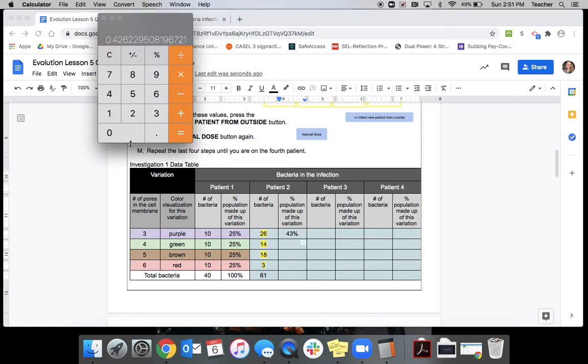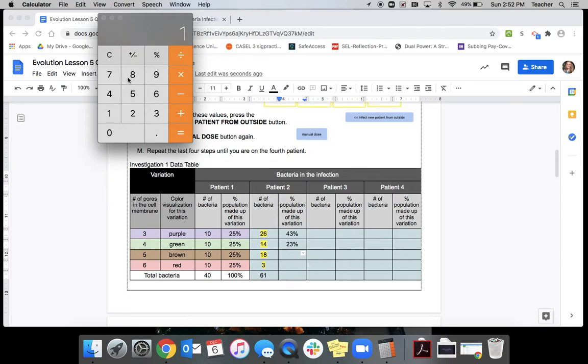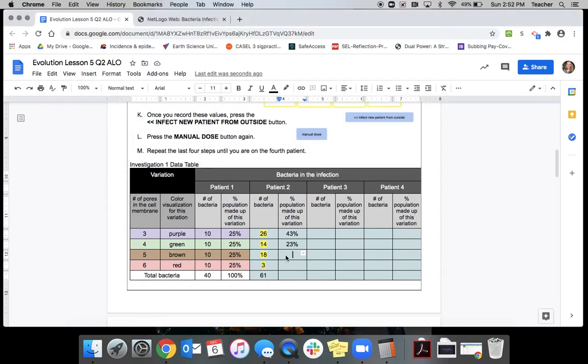And then 14 divided by 61 is about 23%. 18 divided by 61 is about 30%.